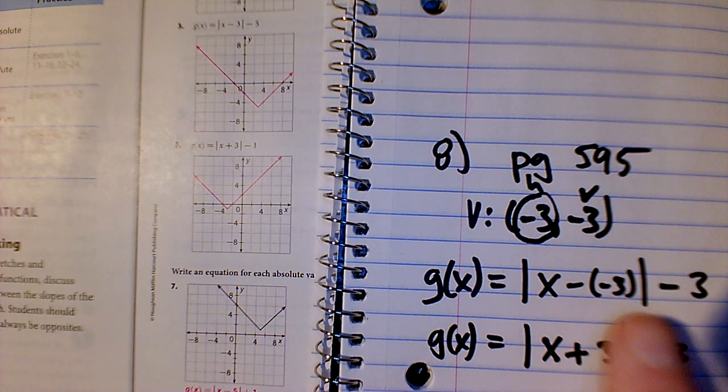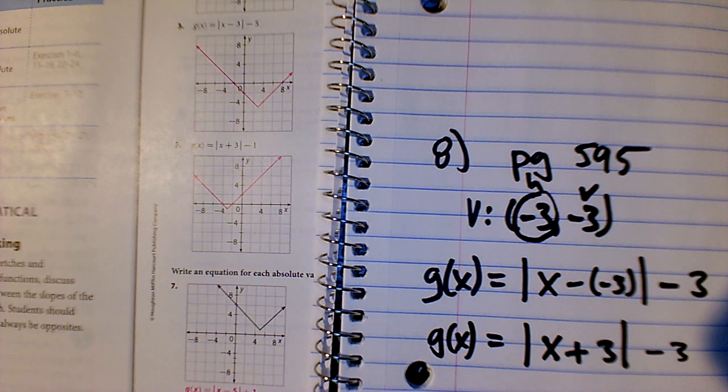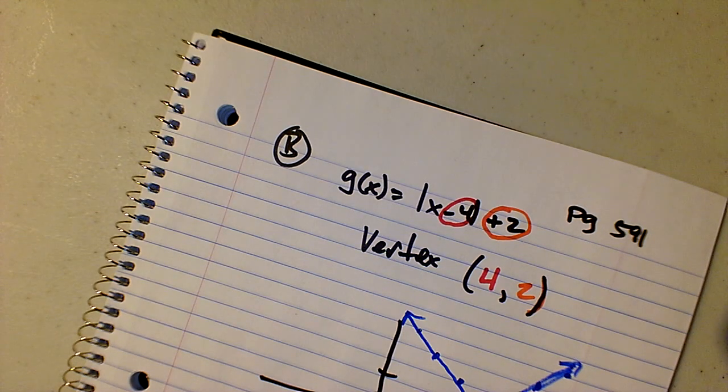All right. So now we've graphed equations using horizontal and vertical shift. We wrote the equation with just horizontal and vertical shift graphs.